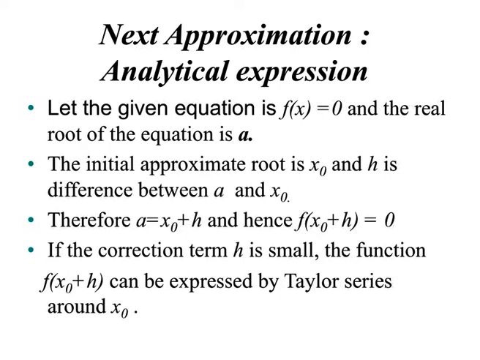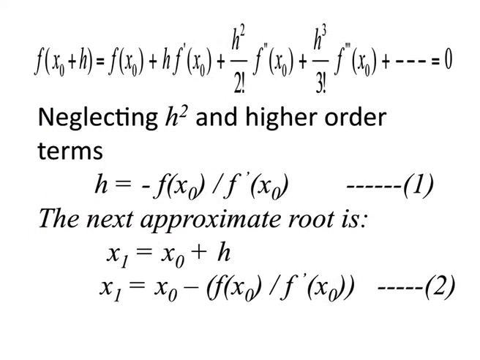If the correction is small, we can expand f of x 0 plus h by using the Taylor series method. The Taylor series gives us the expansion of f at x 0 plus h around x 0. Now, if h is small, we can neglect the h square and higher order terms in the expansion, and that gives us the correction term h in the Newton-Raphson method given by equation 1.